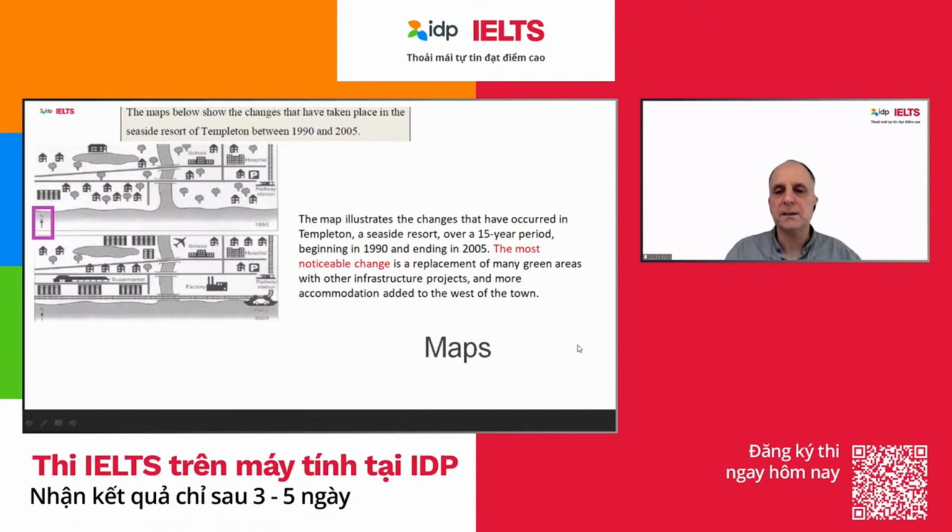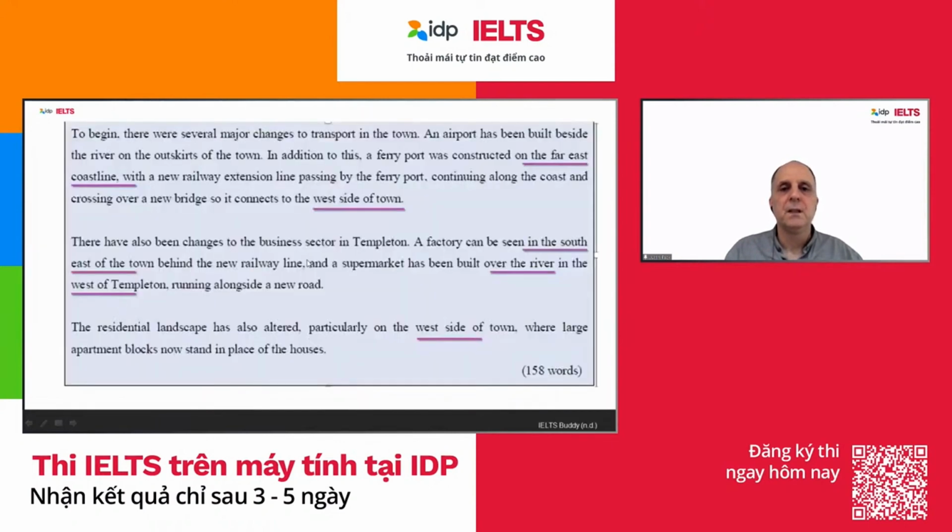I won't read it out this time, but you can see from this the most noticeable change, many green areas replaced with other infrastructure projects. Okay, and accommodation in the west side of town. Once again, for this, in the south, over the river, east of the town, west of the location.